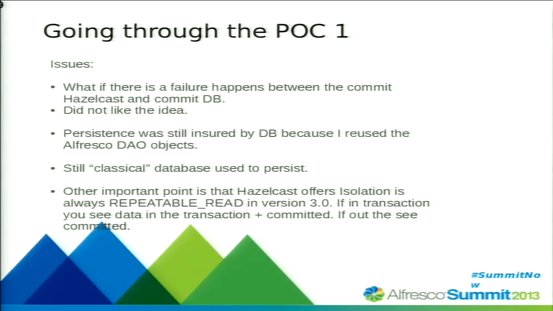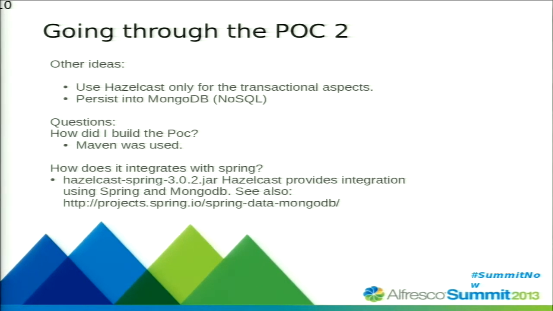And then I thought, well, we could use that as well because it's provided by Hazelcast, therefore it could work because it offers the same isolation level. Okay? Hazelcast offers, as I said, the transactional aspects. So you can manage transactions with the same isolation level.